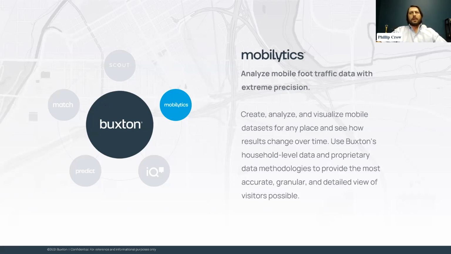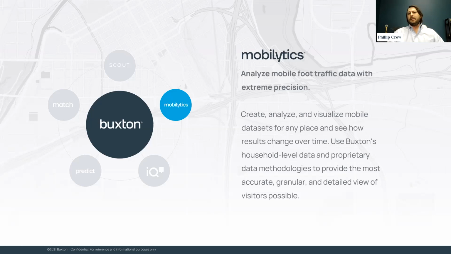We are the only platform in the market that utilizes household level attributes, meaning the data that we know about every household in the country. We actually have them down to the individual level, but for Mobilytics, we use the household level data. We not only have the household level attributes, but we append that data at the individual household level.